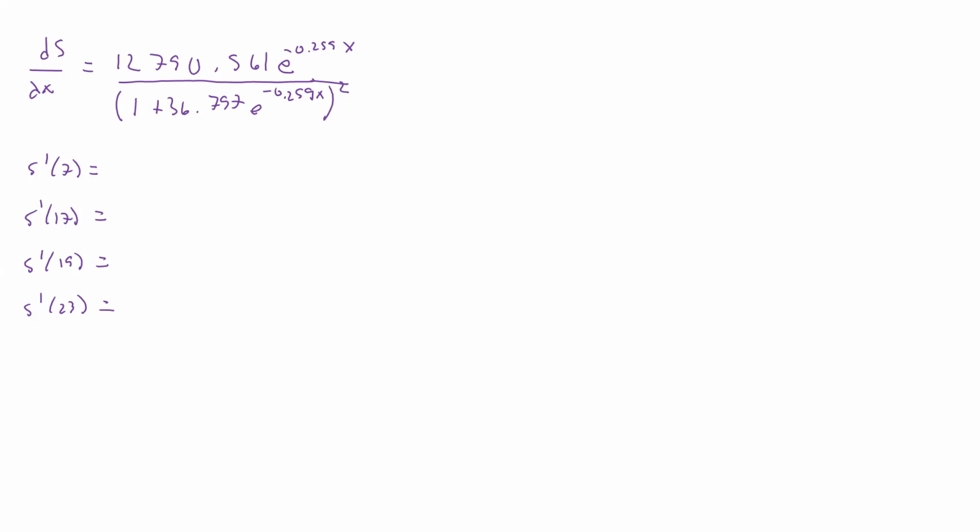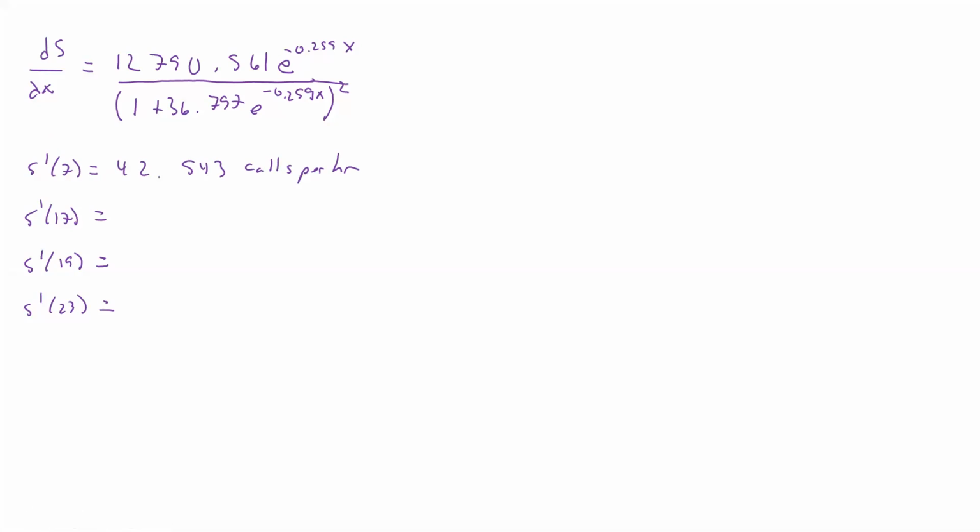And we have to remember arrow down, divide by 1 plus 36.797 e to the negative 0.259 times 7, arrow down again, and then that whole thing is squared. All right, and so when we do that, with all my rounded numbers, that is equal to 42.543 calls per hour.